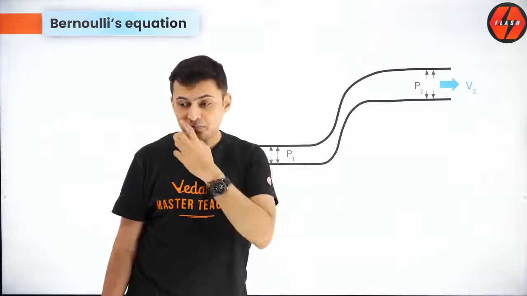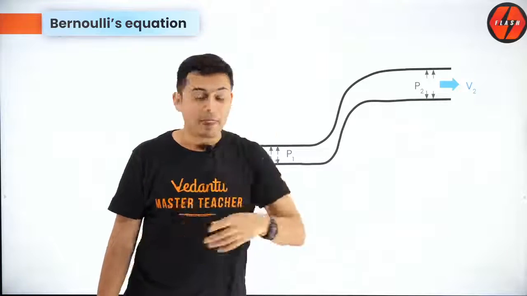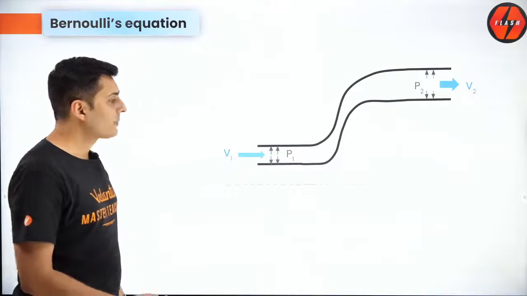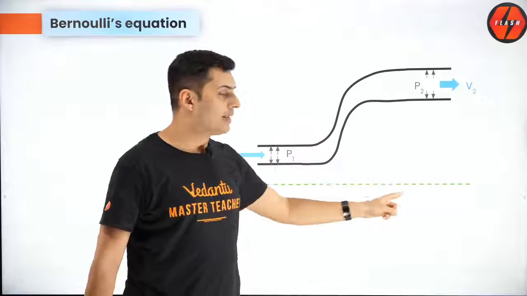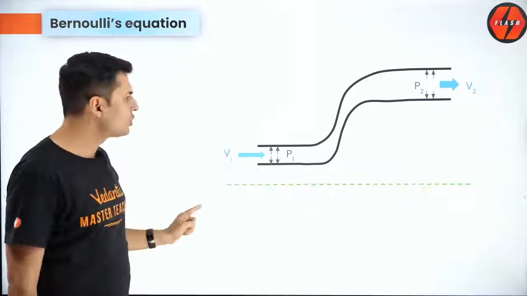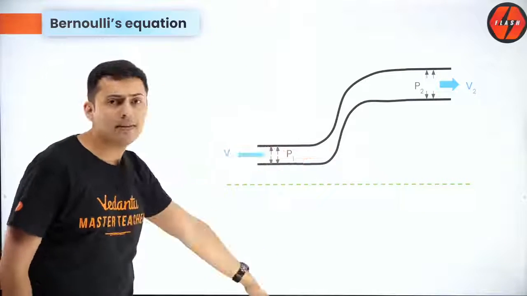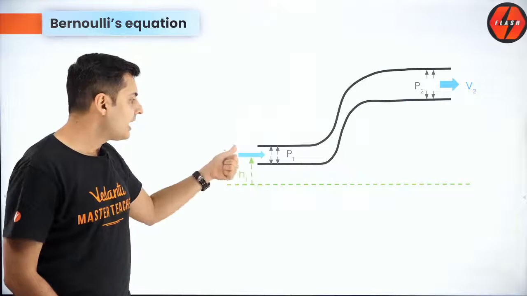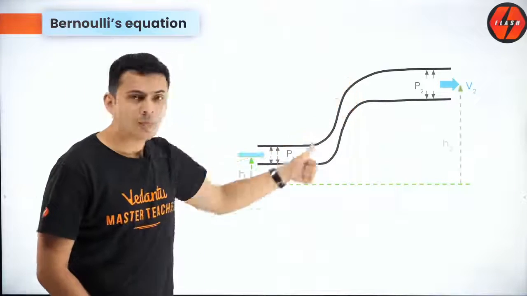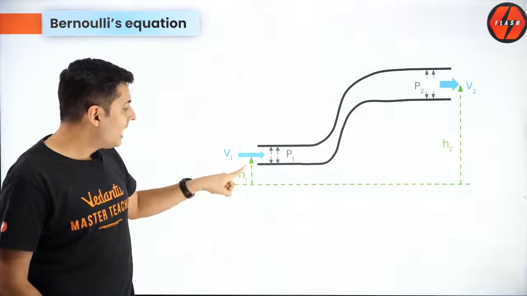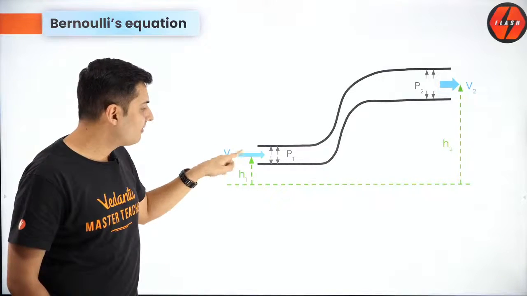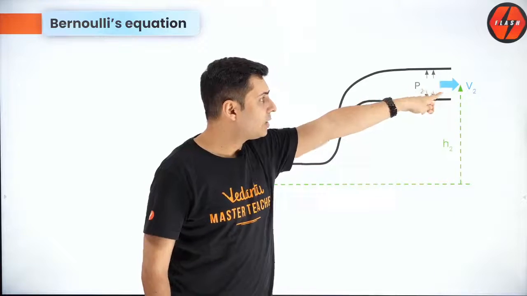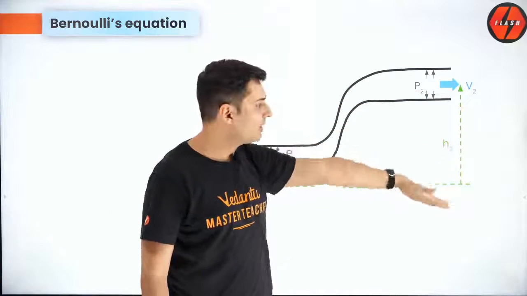Be careful. Once you have assumed the pressures at two different points, the next thing you need to do is assume a reference line. Very, very important. You can choose it anywhere you want, and from that reference line, measure the heights h1 and h2. h1 is the height of cross section 1 from the reference line, and h2 is the height of the second cross section from the reference line.